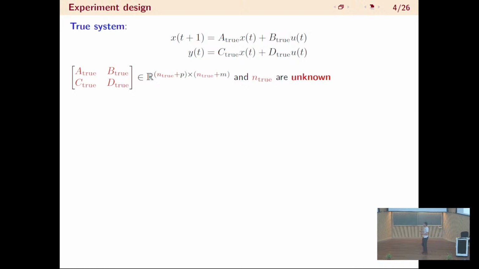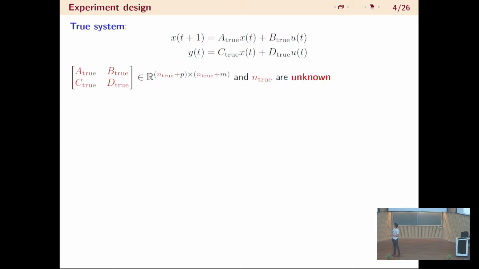Well, we're going to consider input state output systems. U, again, is the input, X is the state, Y is the output. We have n true states, so X of t is a vector in R^n true, m inputs and p outputs. As before the break, we're going to assume that the state space dimension of this true system is unknown.